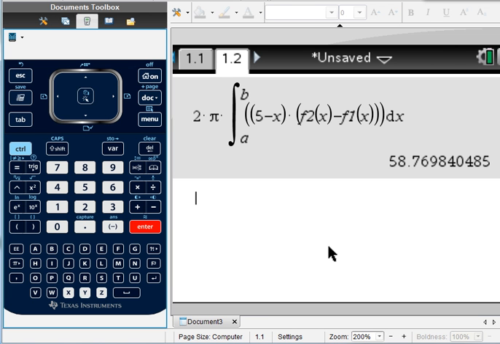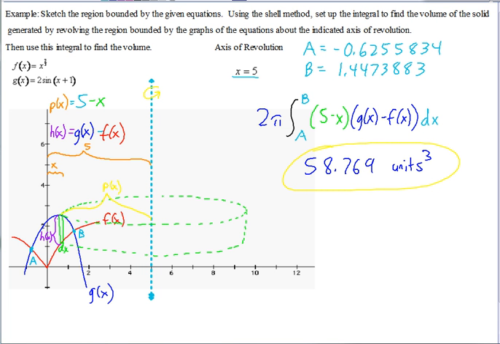So again, you can see we get 58.769, or if you round it, 770. Notice the answers are slightly different because the calculators are using different methods to approximate this, but they're still accurate within 3 decimal places.